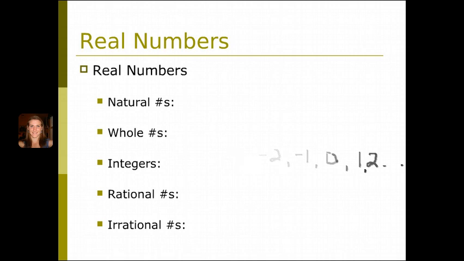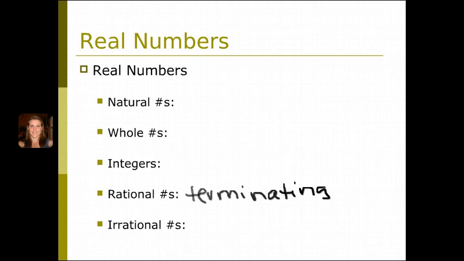Rational numbers are terminating or repeating decimals. Okay? An example of a terminating decimal would be 0.5. It doesn't always have to be a decimal. The equivalent of 0.5 is 1/2. So the fraction 1/2 is also a rational number.